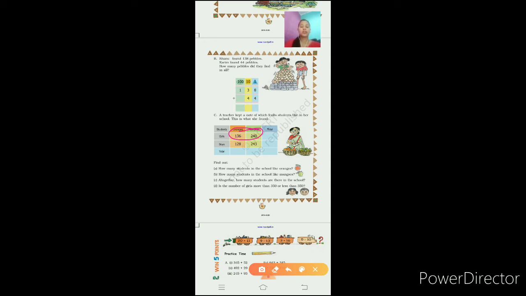So 6 + 0 is 6, 3 + 4 is 7 and 1 + 2 is 3. So it is 376. So yes, the number of girls is more than 350, because this 376 is more than 350.